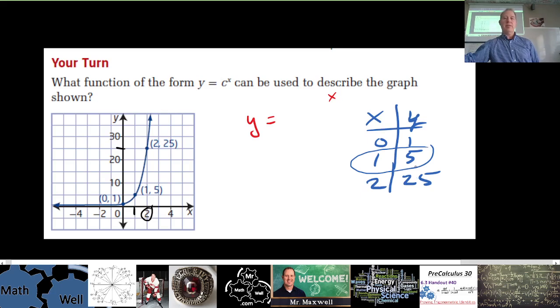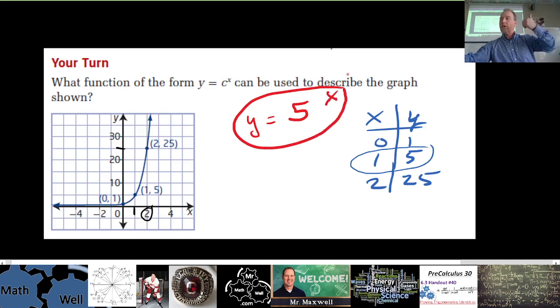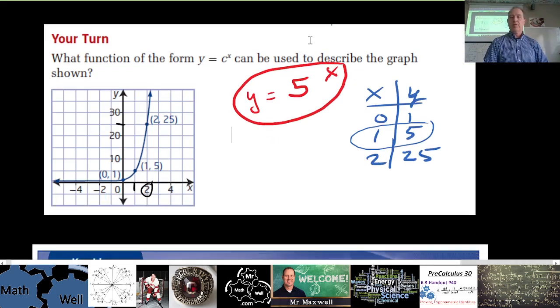What do you think the base is? So what to the power of 1 is 5? What to the power of 2 is 25? It's 5. So we have y equals 5 to the power of x. Everybody good with that? All right. Pretty easy so far?